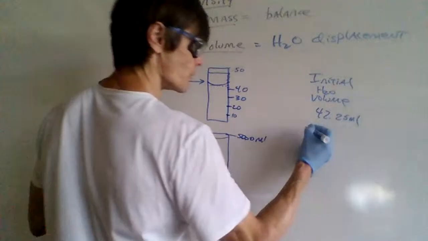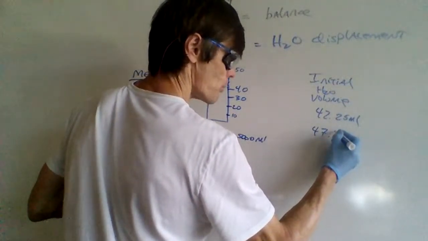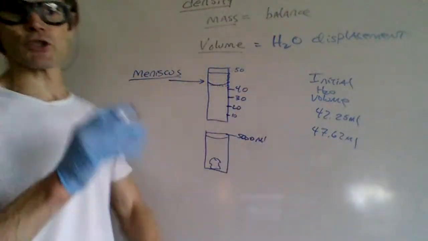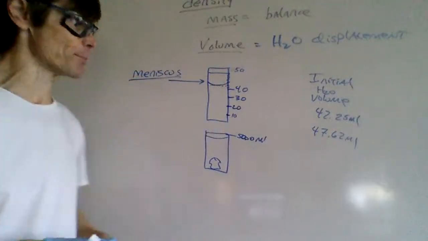Now if we read our final volume, what if it's 47.62 milliliters? Notice the difference between the two is going to be due to the volume of the sample that we put in there.